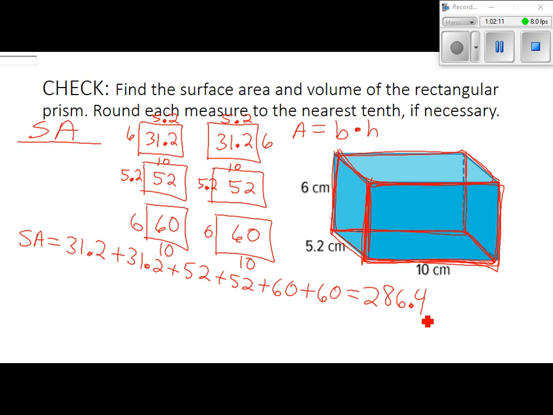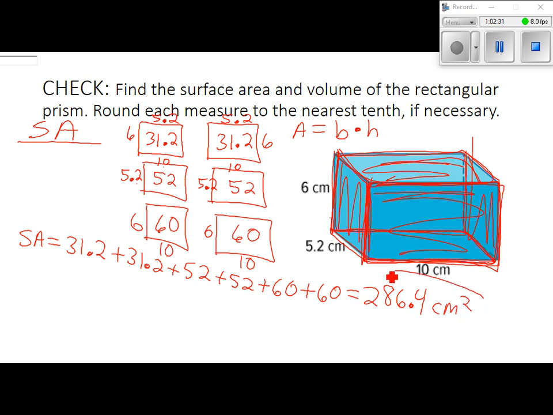What we just found is, if we were making this box out of cardboard, how much cardboard it would take to make all the faces. The units are the same as any area, so it's centimeters squared.